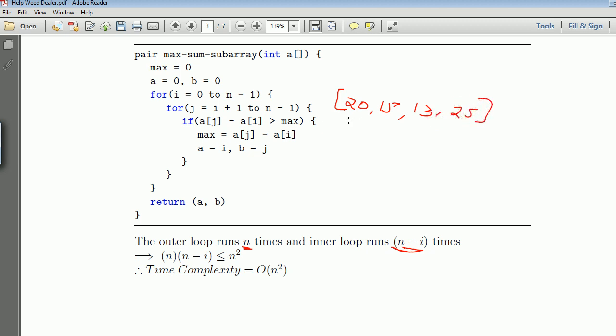So first the loop starts here and scans through all this. Next the loop starts here, scans through all this. Next the loop starts here, scans through this.